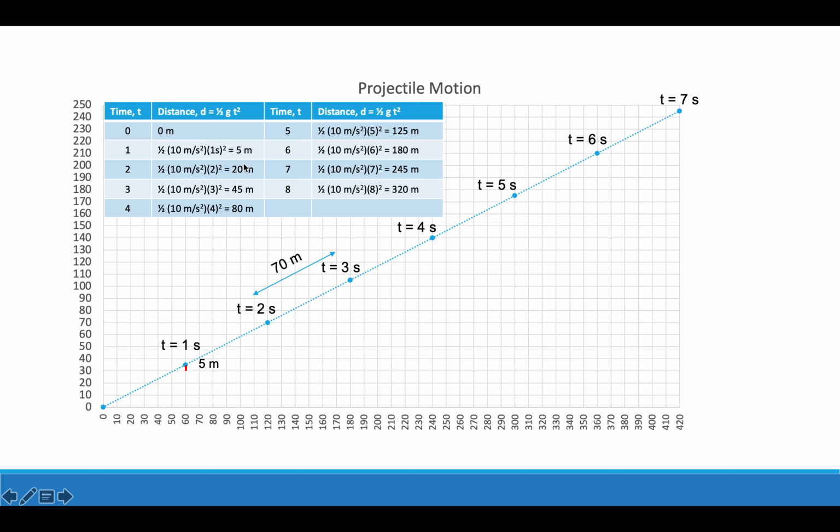After 2 seconds, up here, it falls off of that path vertically 20 meters, so 2 blocks. After 3 seconds, it falls a distance of 45 meters, or 4.5 blocks. After 4 seconds, it falls off of that straight line path 80 meters or 8 blocks.